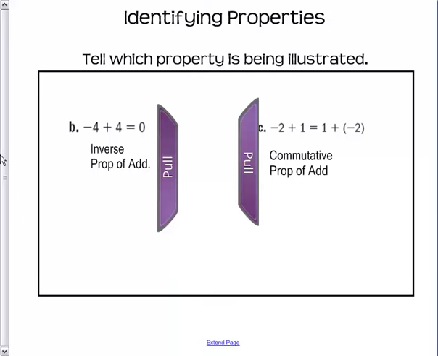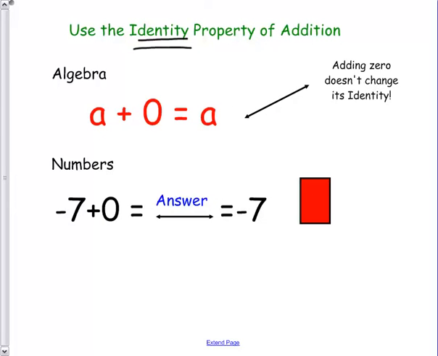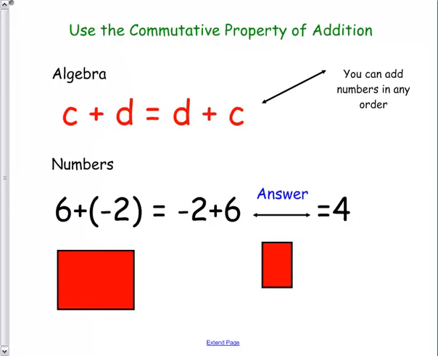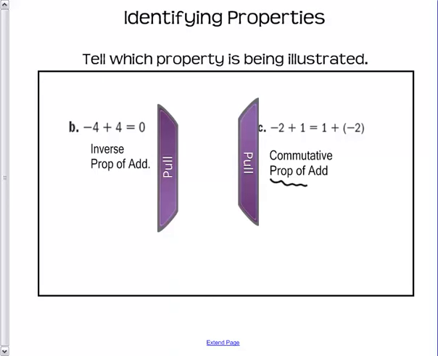Okay, so things to remember. Things that should be in your notebook should be the inverse property of addition, the identity property of addition, the commutative property of addition, and the associative property of addition. Other things to remember is that you must write property of addition because, as you will soon find out in the next couple of videos, we're going to experience properties that have the same first name, but maybe not necessarily that same label as property of addition.